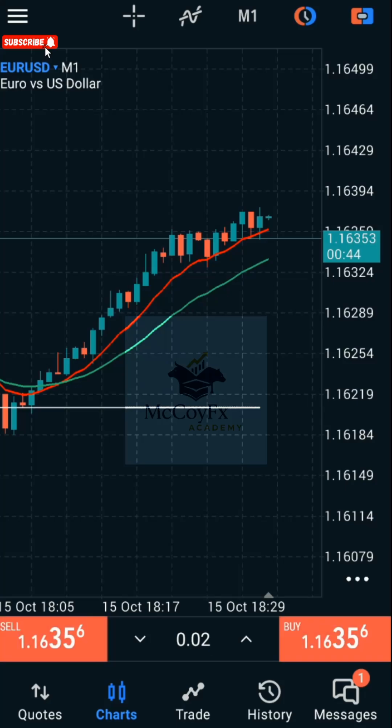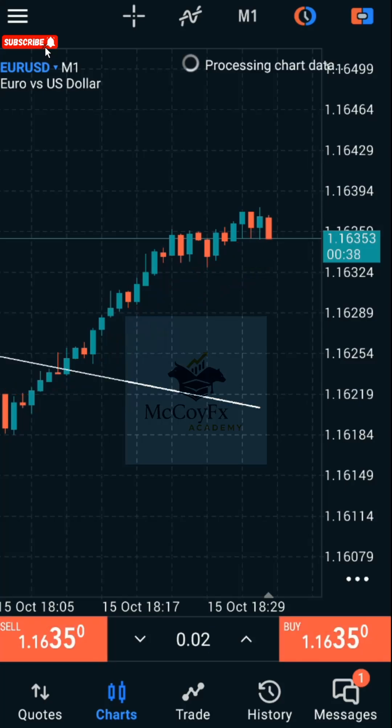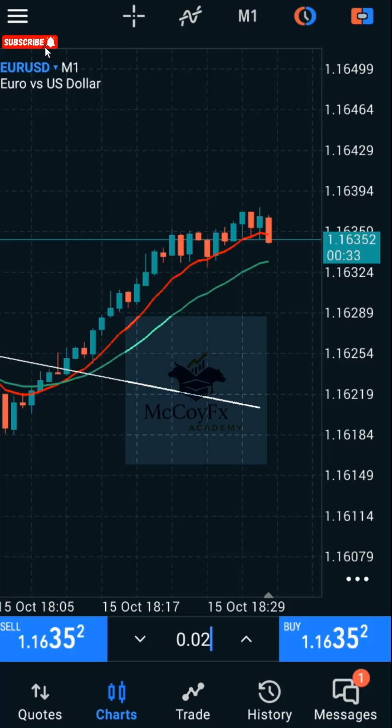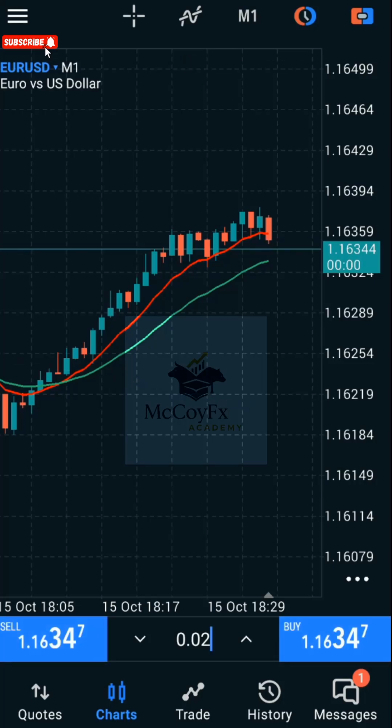Just 1 minute. After the 1 minute, this current one will change to the next candlestick. The same way, if you change the time frame to 5 minutes, the current candlestick will have to run for 5 minutes before it changes to the next one.